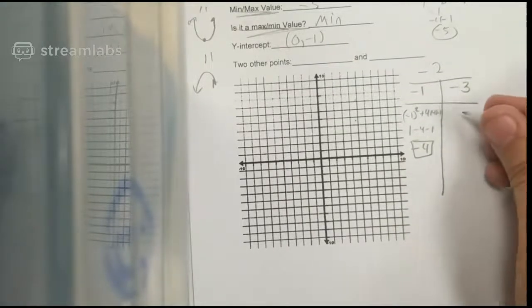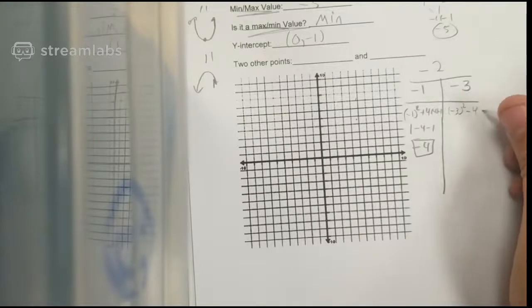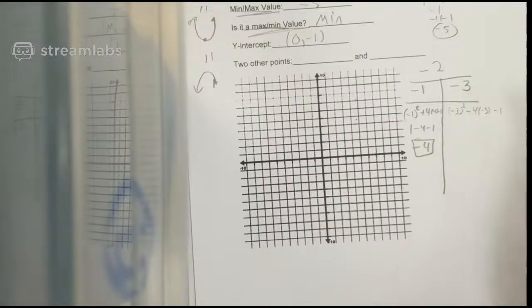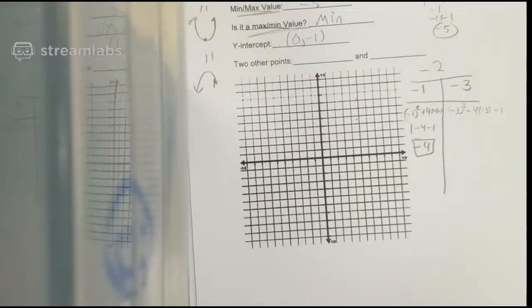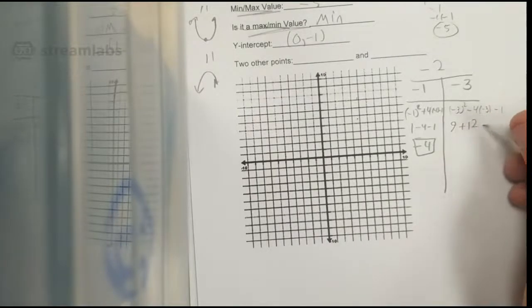Let's check the next one. Negative 3 squared minus 4 times negative 3 minus 1. Sorry. 9 plus 12 minus 1.